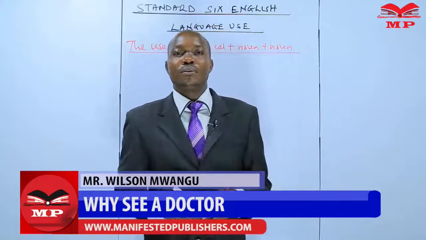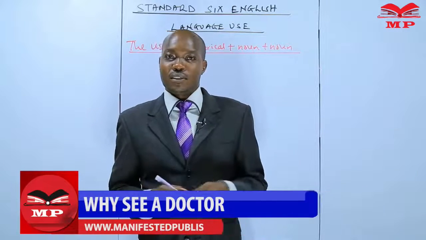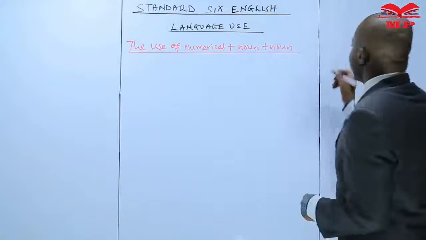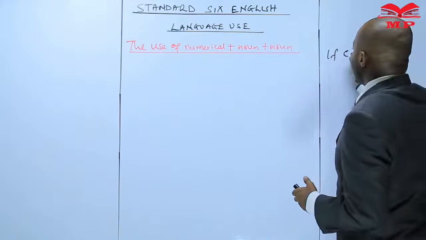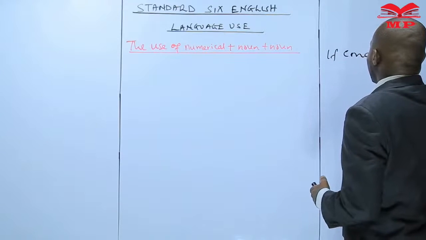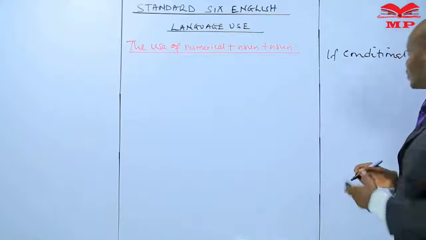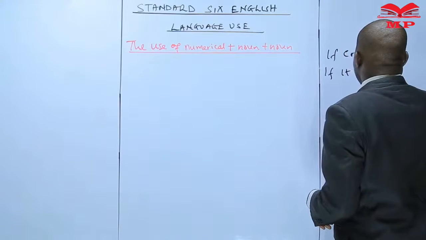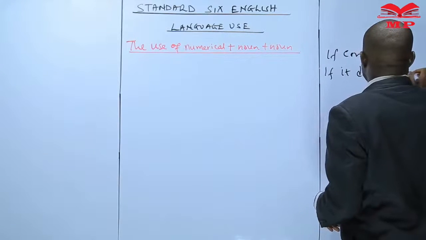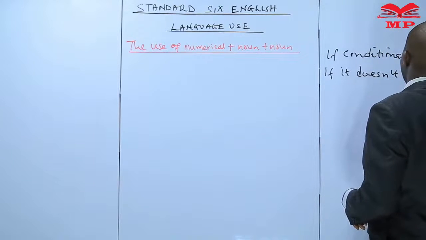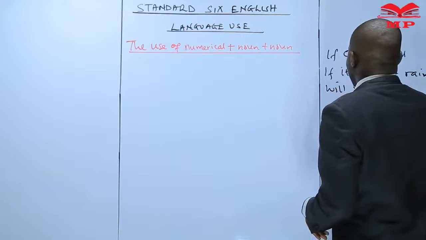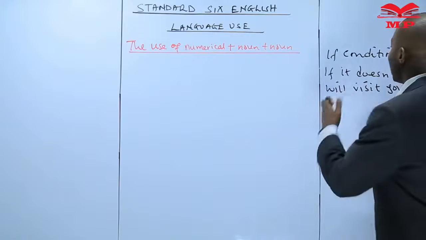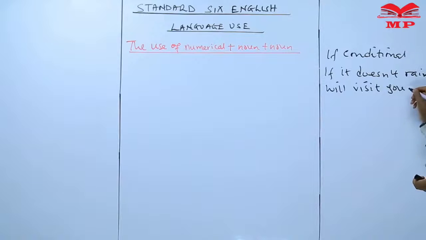In the previous lesson, we learned about conditional sentences using the word if. We said, for example, if it doesn't rain, I'll visit you.